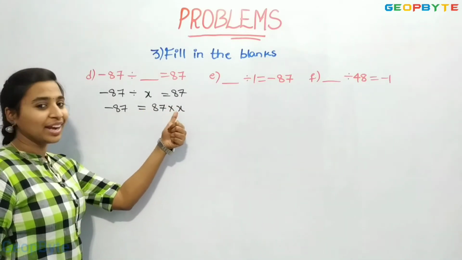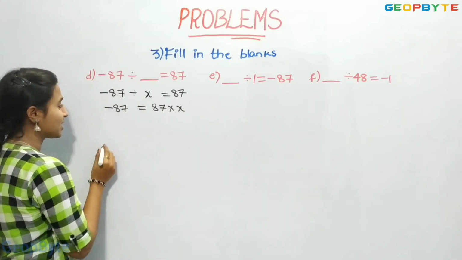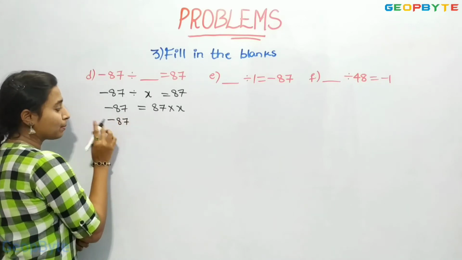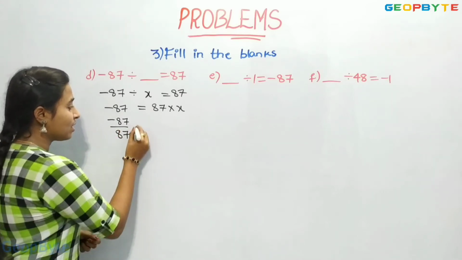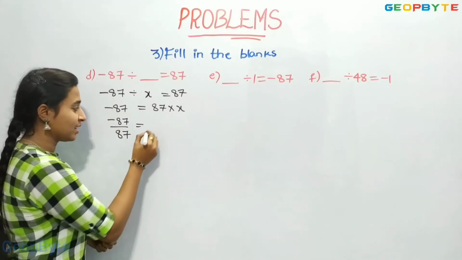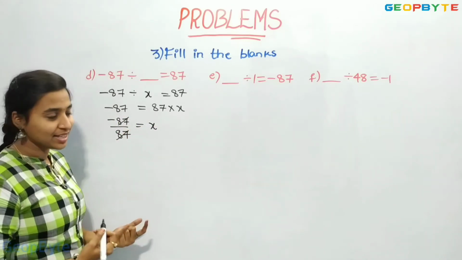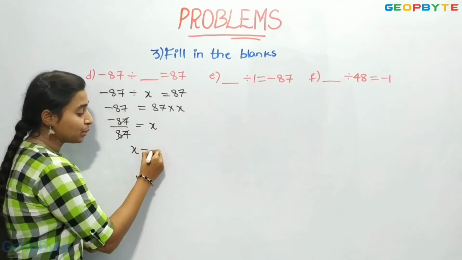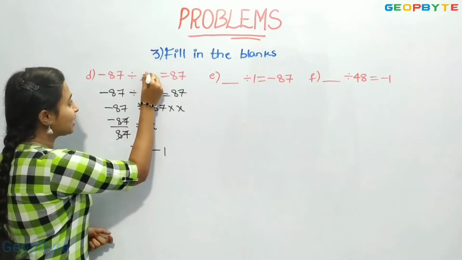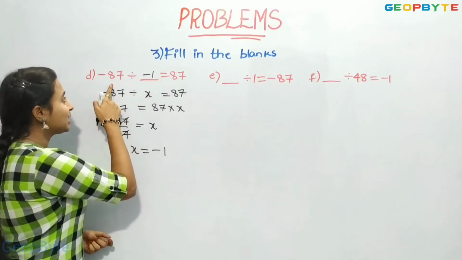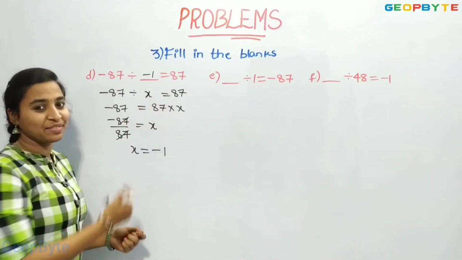Now, we need to find x. So, this 87, when it comes to the left hand side, gets divided by the number minus 87. That is minus 87 by 87. We have x on the right hand side. Now, 87 gets cancelled. We will get x is equal to minus 1 as we have minus here. So, let us write minus 1. Minus 87 divided by minus 1 is equal to 87.